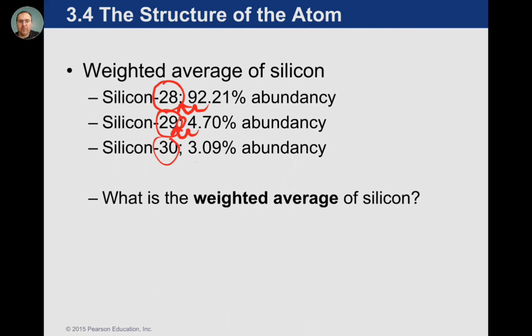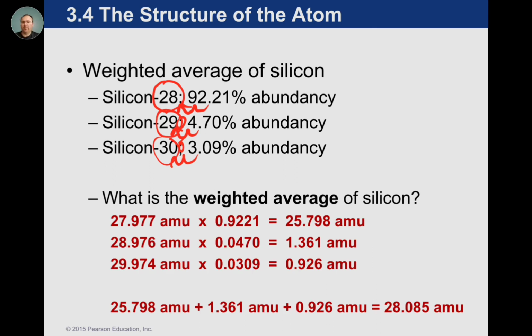So you're going to add a 0 there, you're going to add a 0 there. When you do that, you're going to add them up. And when you add it up, you'll see that this number here is within rounding error of the periodic table. So lucky for us, the entire periodic table has been done that way. So we don't have to do it separately in the homework or the exam. You're welcome.